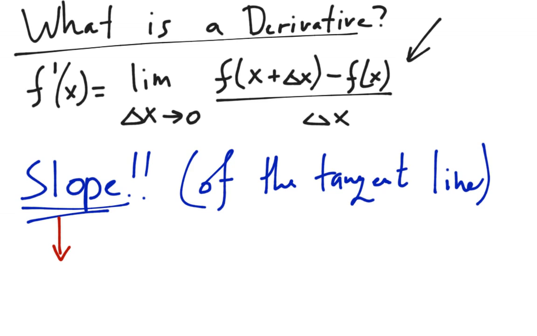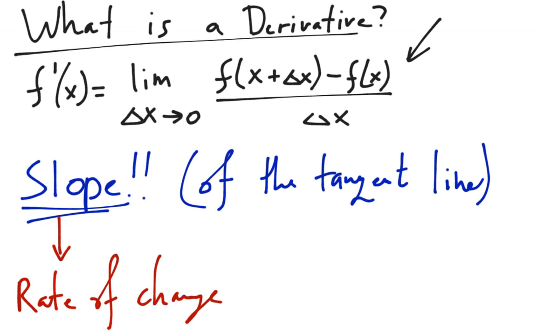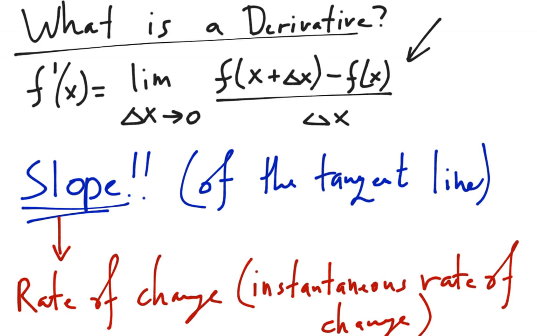Last thing that we're getting at is the slope. If you think conceptually about a slope, kind of like change in y over change in x, or dy dx, we're getting at the idea that a slope is a rate of change. And specifically, the derivative is the instantaneous rate of change of a function, like that.